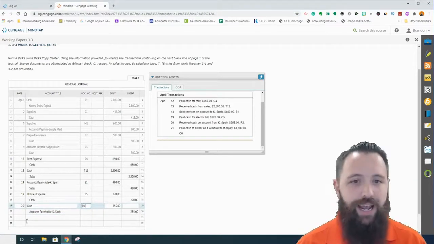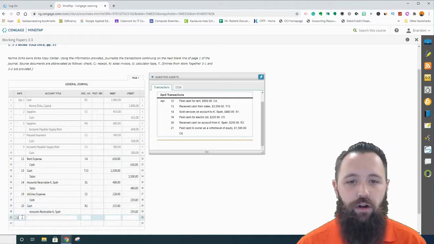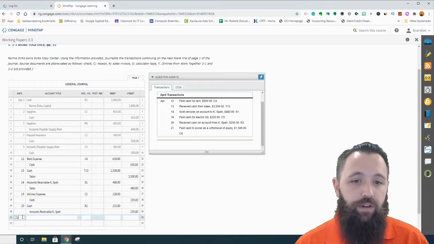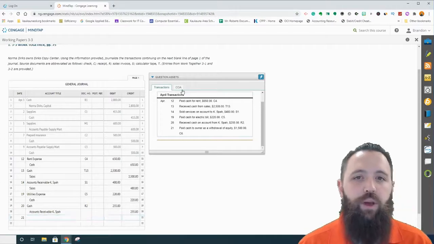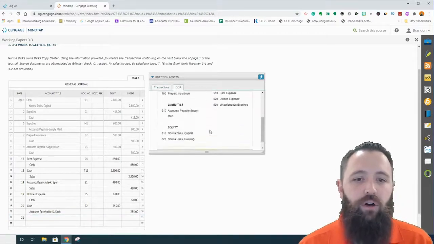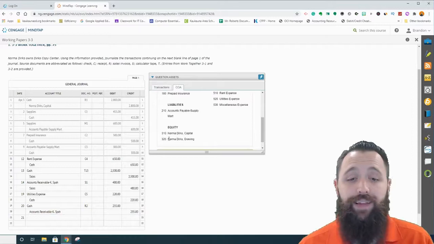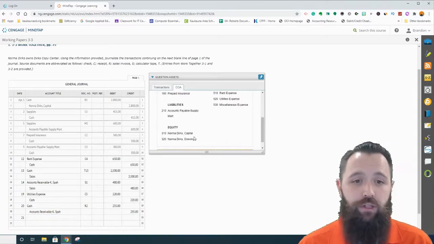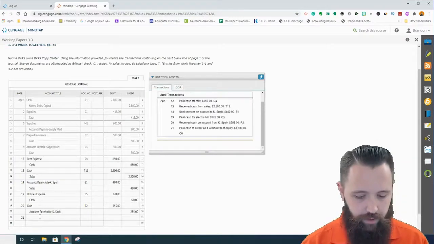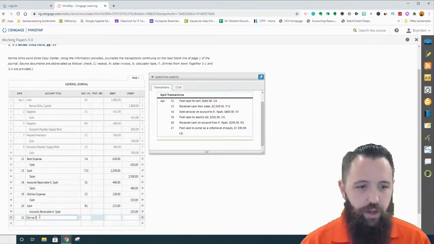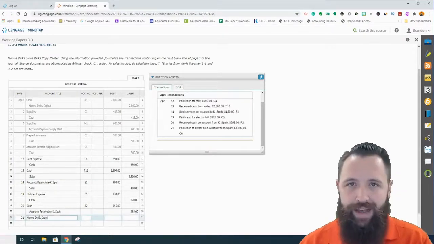Last one that we have is paid cash to owner as withdrawal of equity of $1,500. So let's go to our chart of accounts. When we have a withdrawal, it's going to be called the owner's name and then drawing. Okay, so Norma Dirks drawing. Let's write that in. And a drawing account has a normal debit balance.